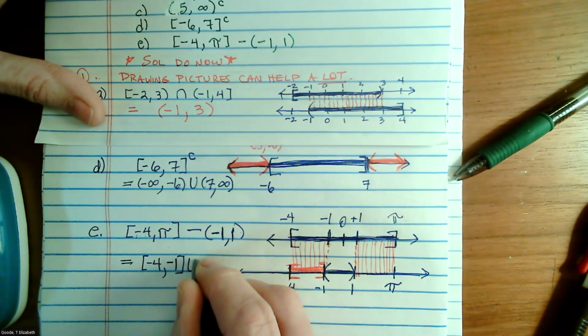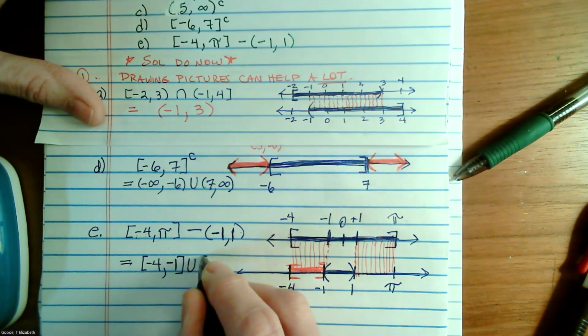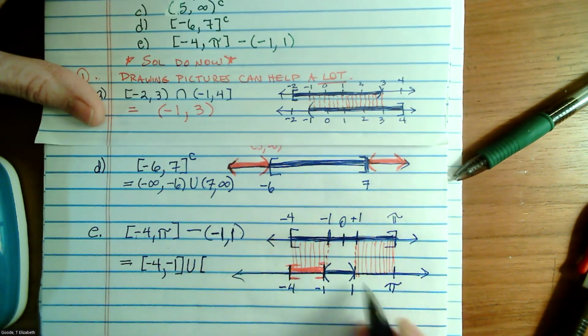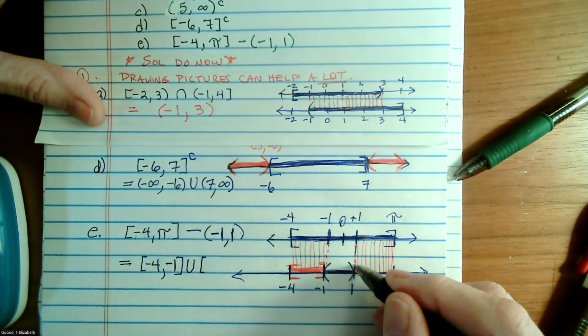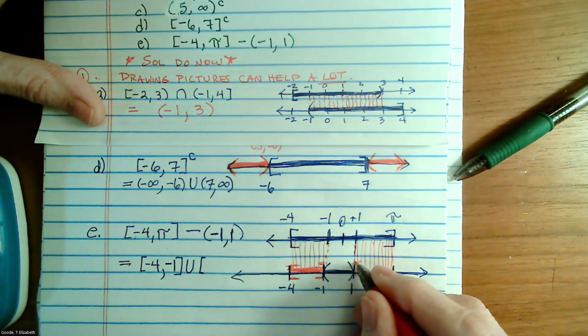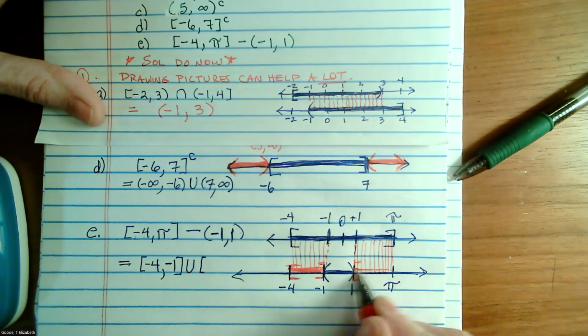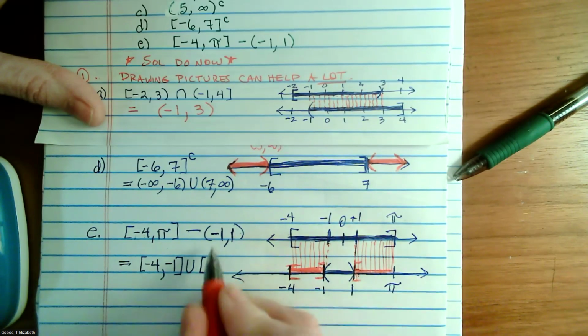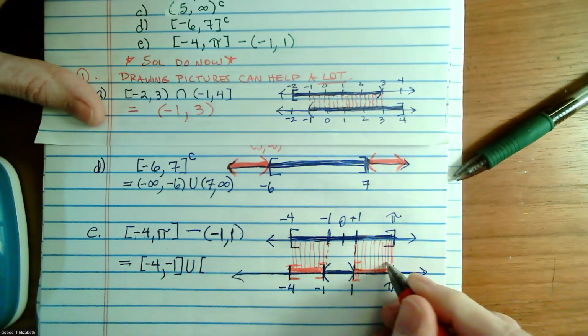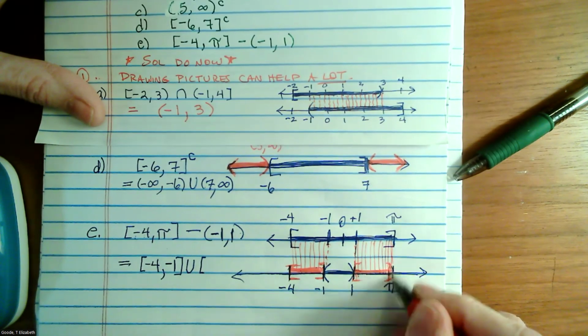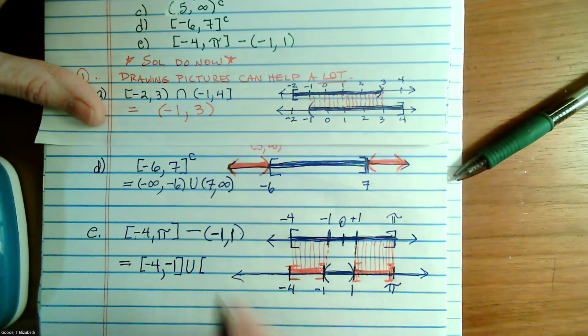And then we'll union that with the set that starts on the other side here at 1, include the 1 with the set we're building because we're not subtracting it away, because it's not in this set that we're subtracting away, all the way up to, and of course, we're going to include the pi.